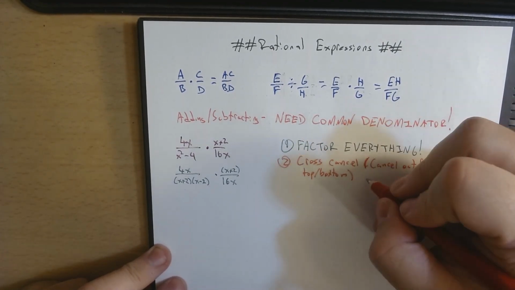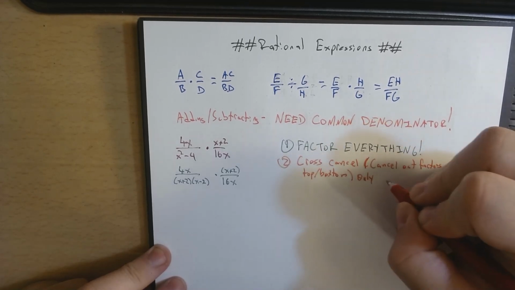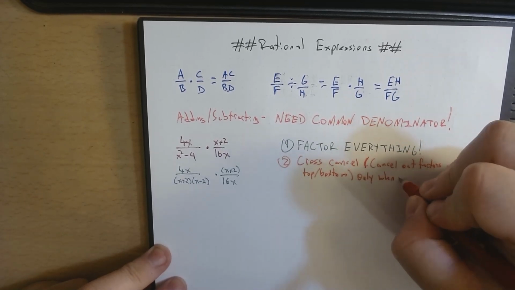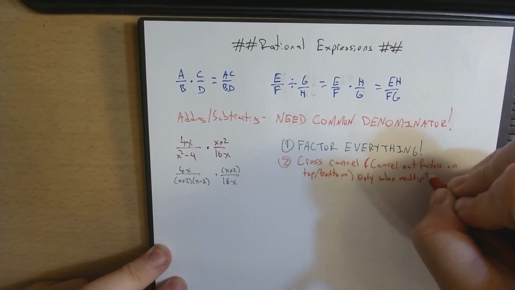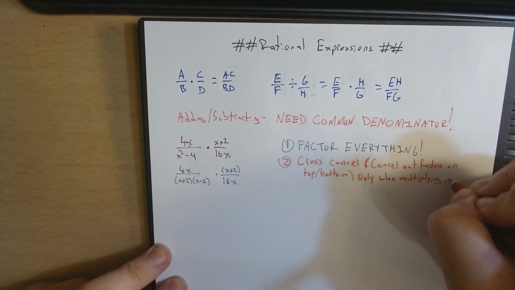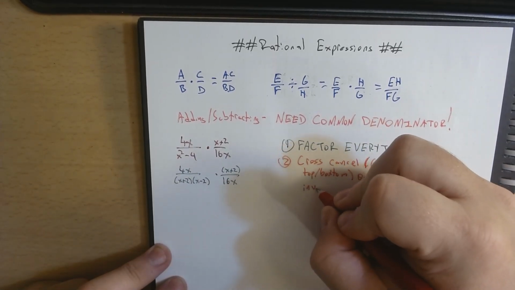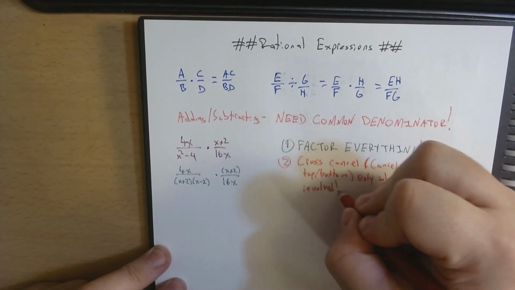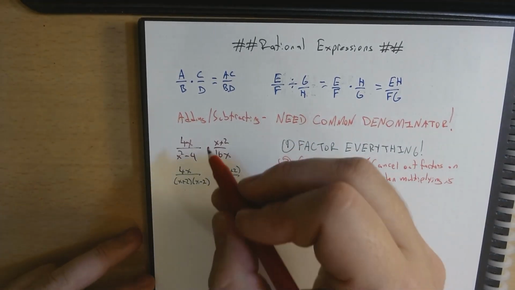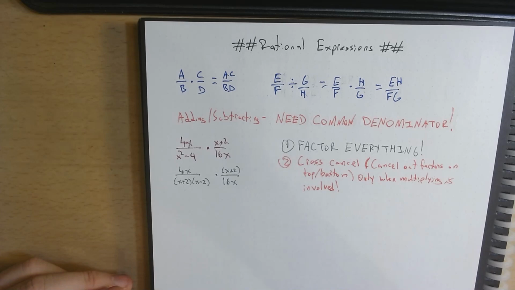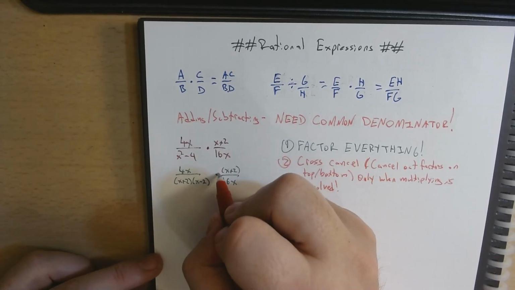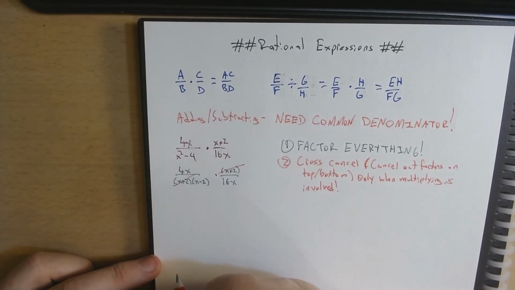And this is very important: only when multiplying is involved. I'll show you what I mean by that in a little bit. It's like this x plus 2 and this x plus 2 can cancel out.